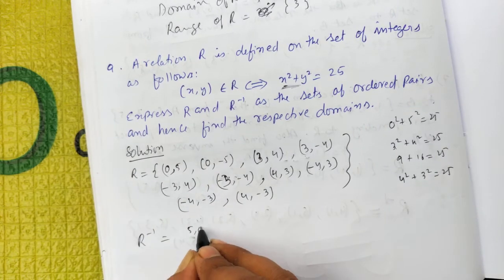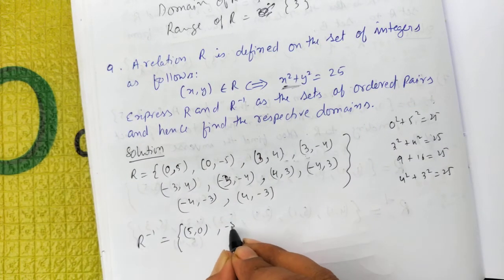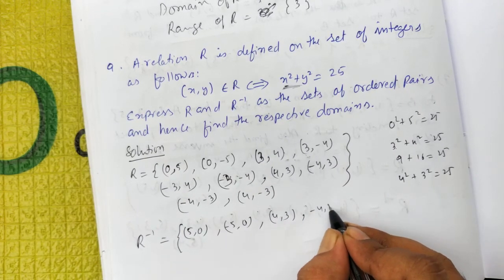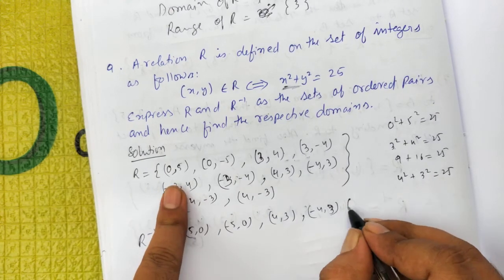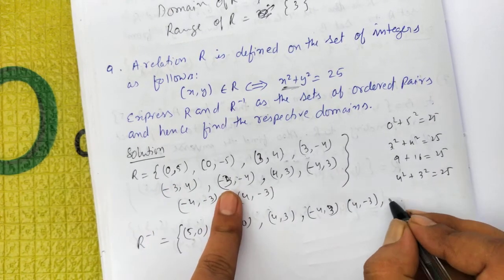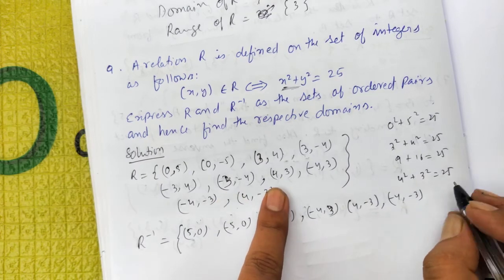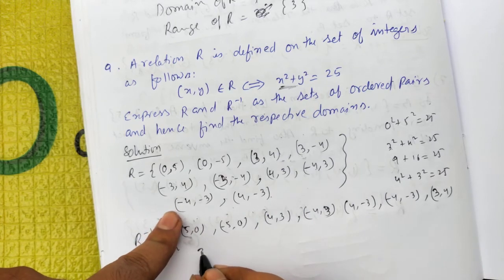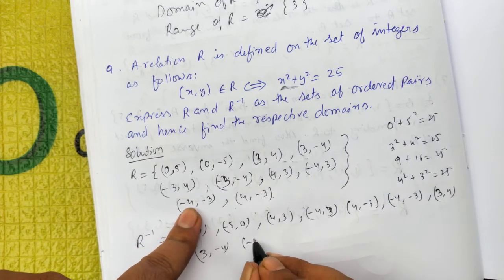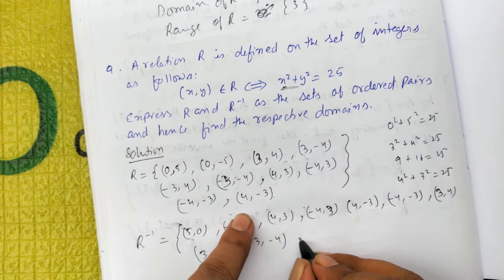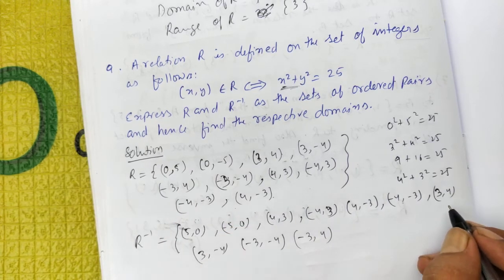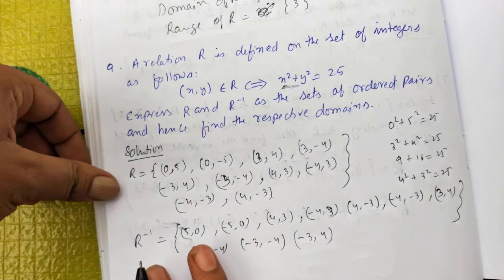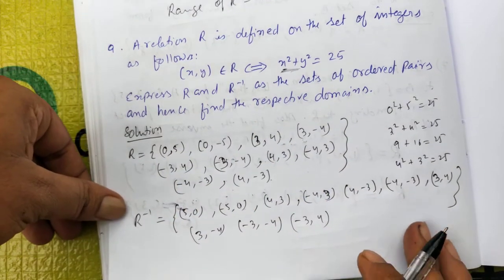It will be 5, 0, minus 5, 0, 4, 3, minus 4, 3, 4, minus 3, minus 4, minus 3, 3, 4, 3, minus 4, minus 3, minus 4, minus 3, 4. So we got the R and R inverse also.